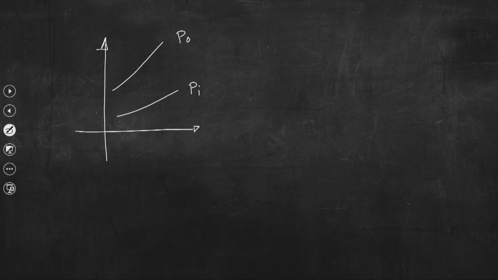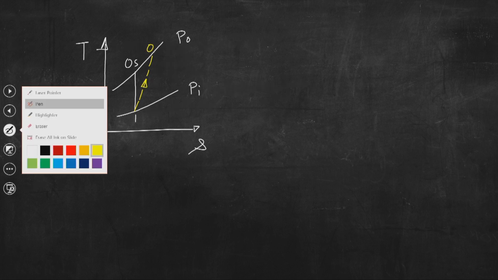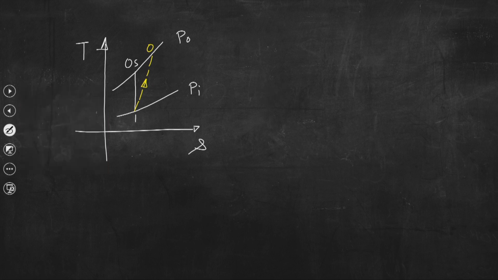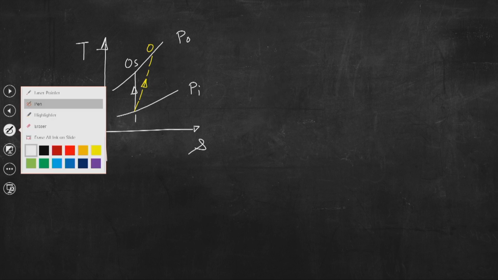So, this is T, this is S. So, this is basically 1 to OS, whereas the actual compression process will be like this. So, this is O.